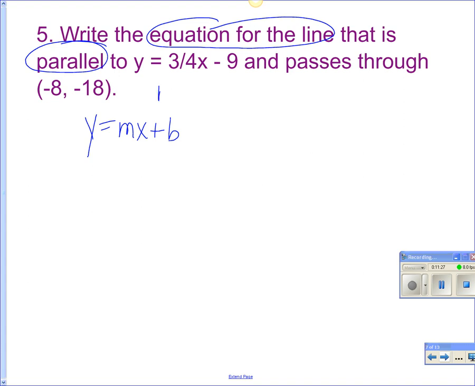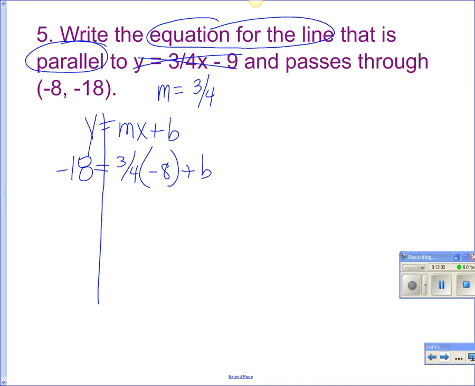So I'm going to keep it the same. I'm going to keep it the same, and I'm going to mark it out. M equals 3/4. Okay? All right, Monica, where am I going to go from there? Very good. So what goes in for Y? What goes in for M? And what goes in for X?